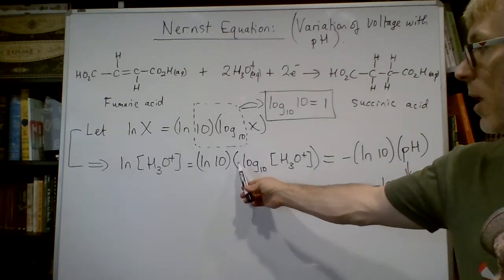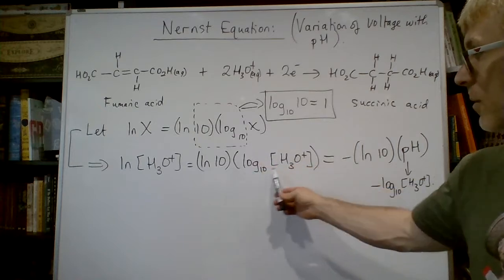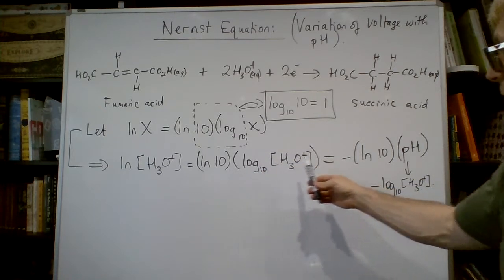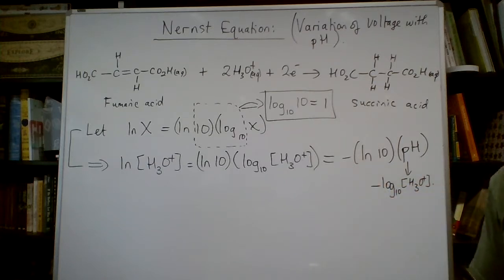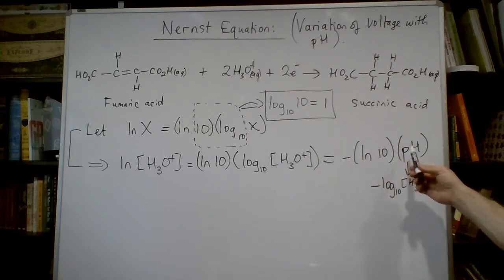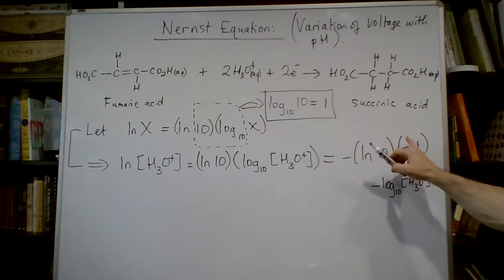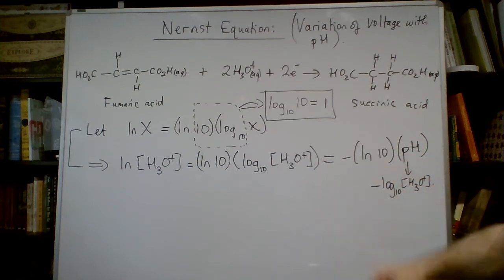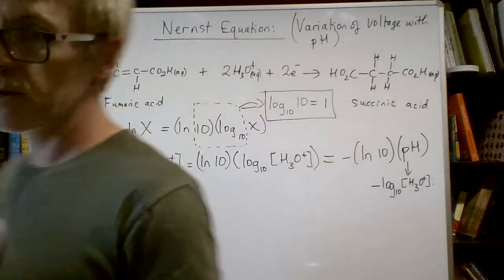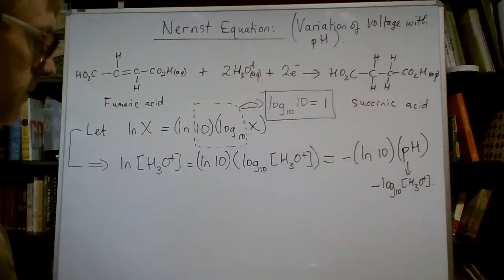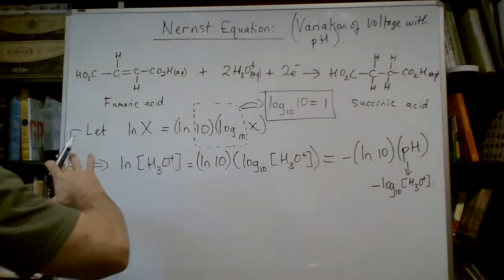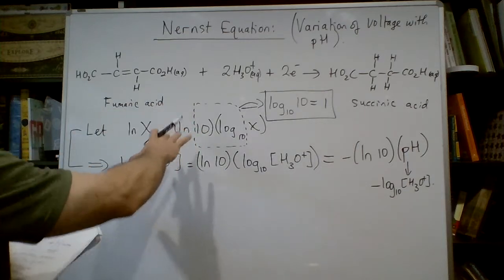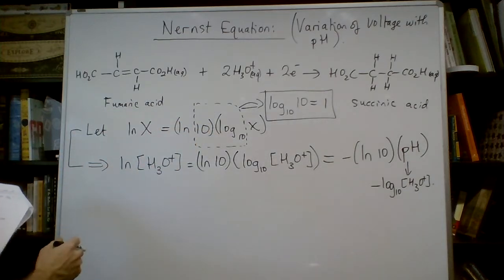So I've only got positive log base 10. Instead of that being the pH, that's the negative pH, and we just put the negative outside here. So I've essentially got a negative pH, but I can just look at the positive pH and have the negative over here. So this is fiddly. It's something you want to look at a few times. So we've got this new assertion just from using a log rule.